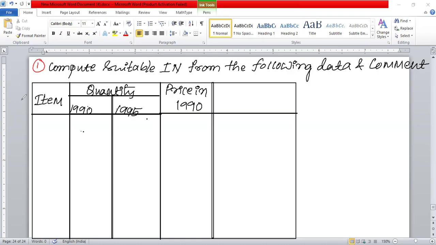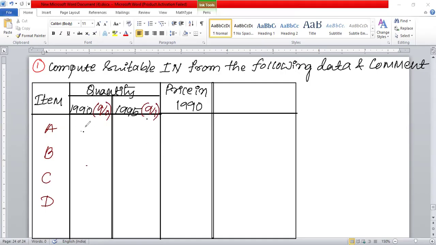Items A, B, C, D. First notation is Q naught and there is a Q1.